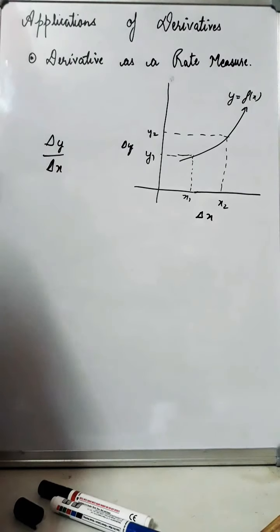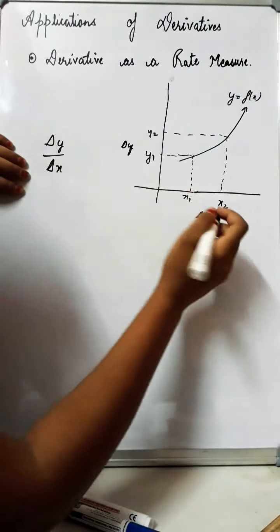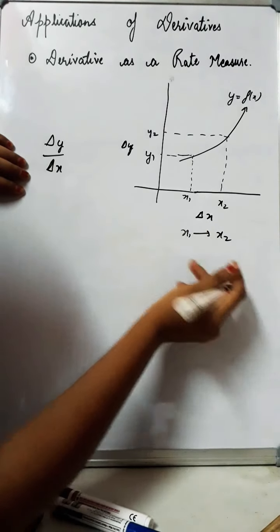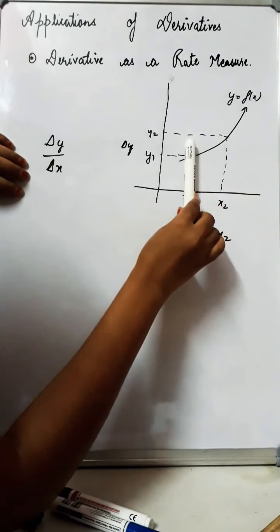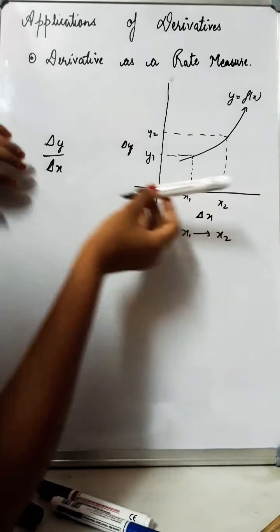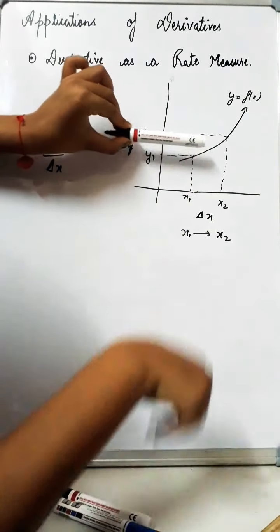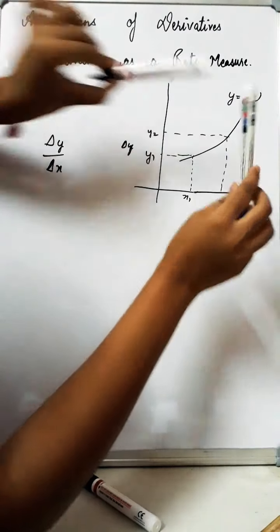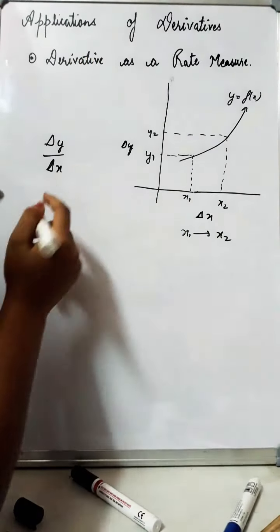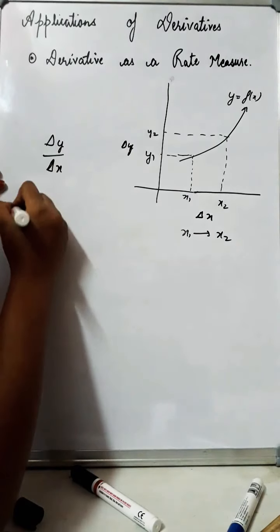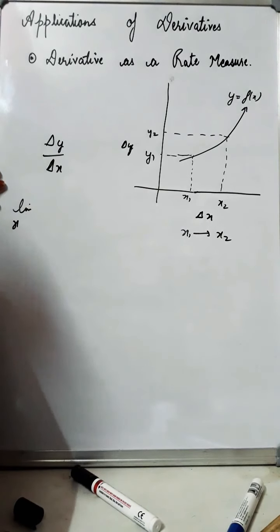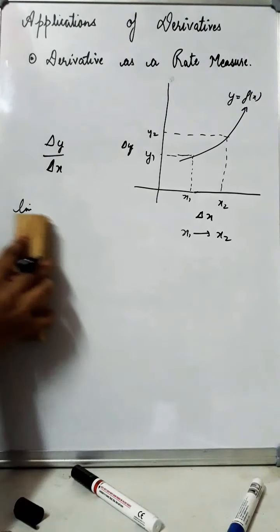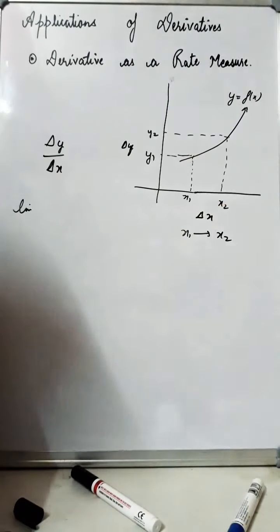Now you see, suppose x1 starts tending towards x2, so subsequently your y1 will also tend towards y2. If your x1 tends towards x2, your difference becomes 0.